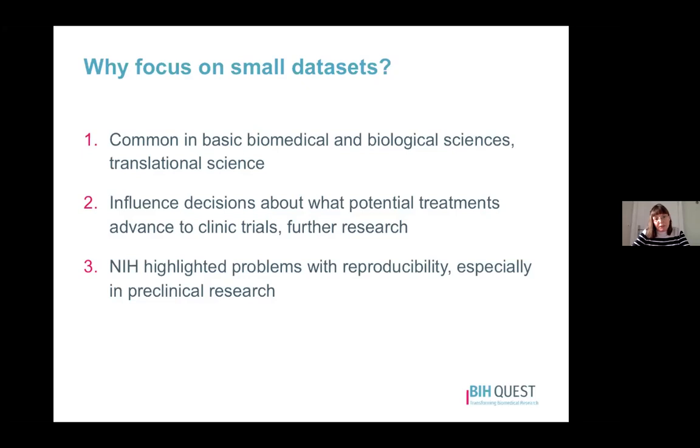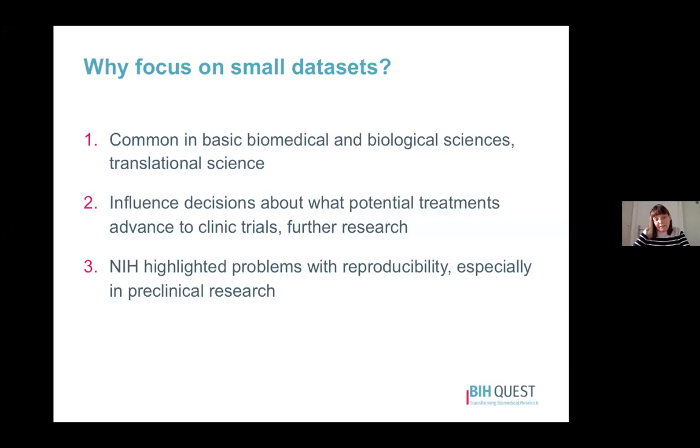And the clinical trial process is very expensive, it's time consuming, it requires a lot of effort, and it exposes our patients to burdens and risks. So we want to make sure that the preclinical data and the information going into those trials is as strong as possible, so we're making the best choices that we can about what agents should really advance to clinical trials.